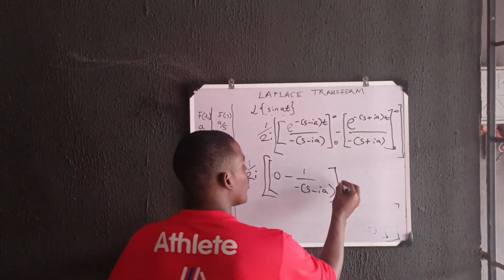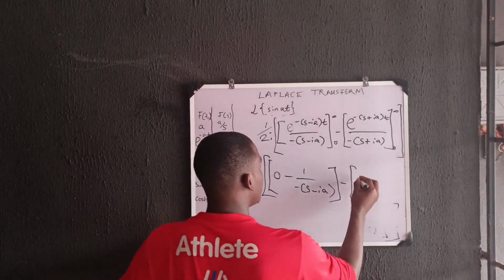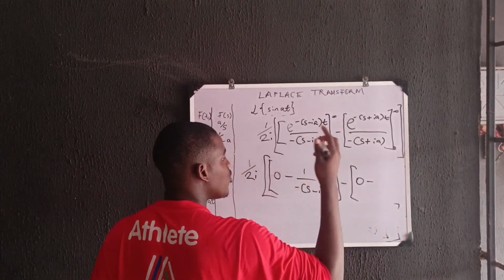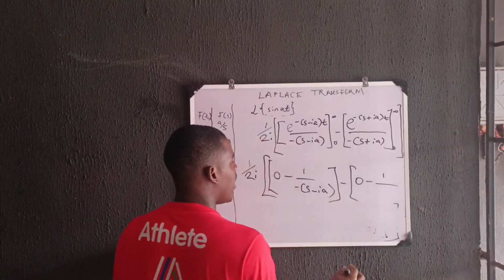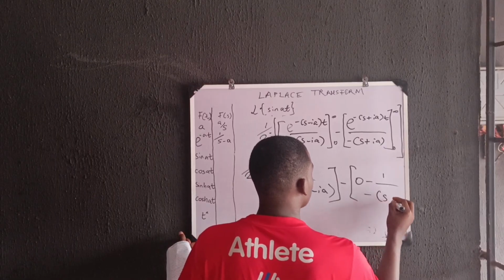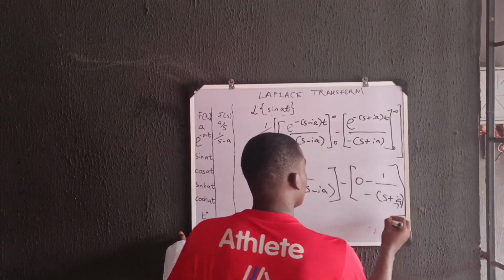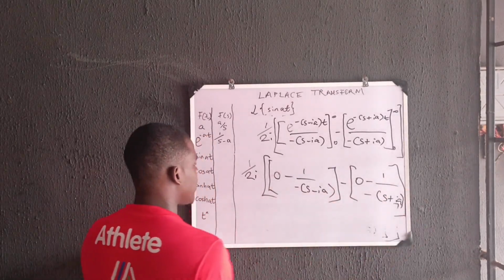In the second bracket, infinity again is your power, so automatically another 0, and when t is 0 you have 1 again. So you have 1 over minus s plus ia, and the minus becomes plus inside the bracket.